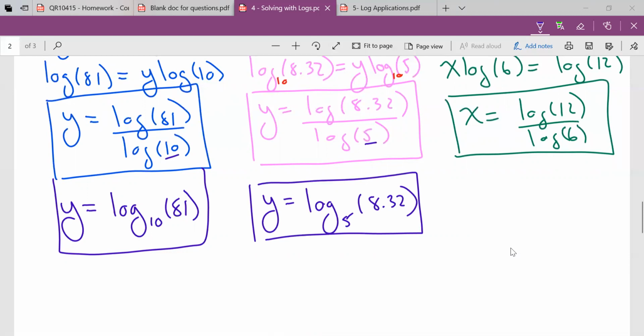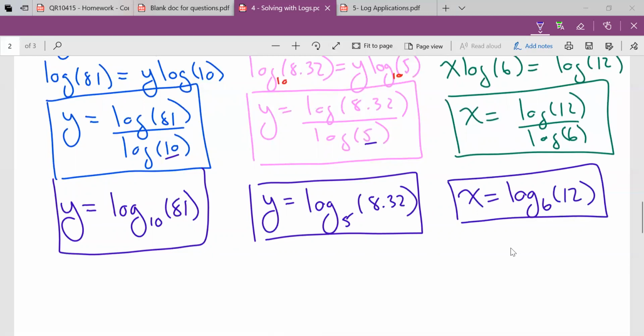Okay, so I'm hoping what you're seeing is, hey, simplifying this isn't really too bad. Why would I want to do such a thing when these are all the same? Really, I'm happy if you write it either way, but you can see why we would maybe prefer to write it in the purple, because it is simplified.